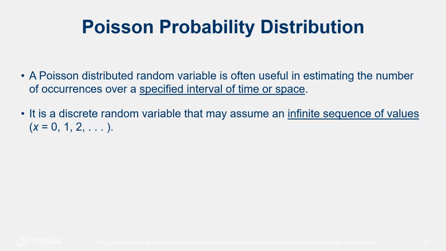So Poisson probability distributions: the random variable that we use most of the time, and really for this class only use, is for estimating the number of occurrences over a specified interval of time or space, but usually time. So things like how many people are going to come through the turnstile at a subway in a given hour.